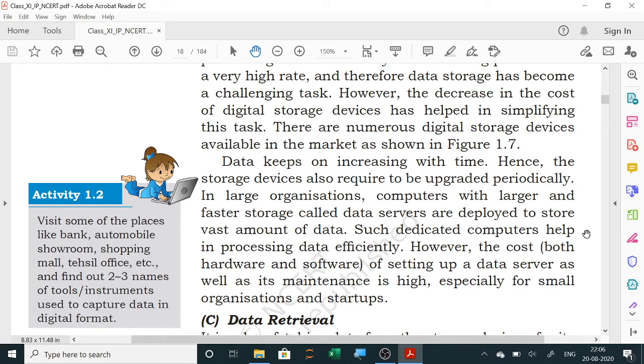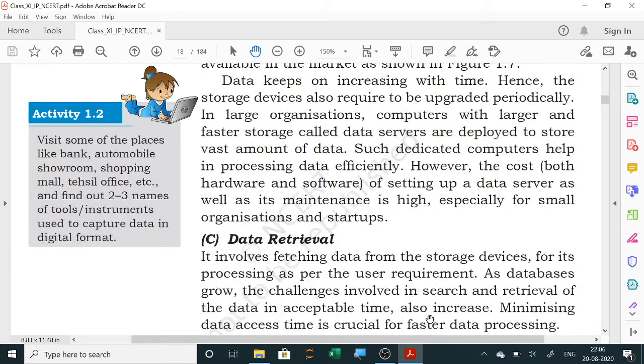So huge amounts of data are stored there. Such dedicated computers help in processing data efficiently. However, the cost, both hardware and software, of setting up a data server as well as its maintenance is high, especially for small organizations and startups.